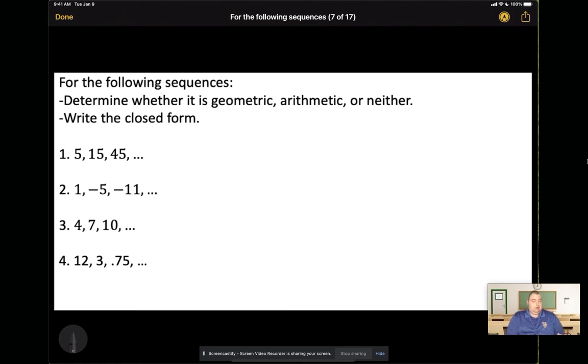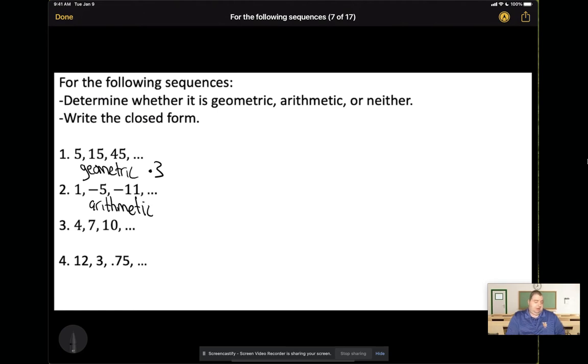So number one pretty clearly looks like a geometric sequence. Why is it a geometric sequence? Because we're multiplying by 3 each time. 5 times 3 is 15. 15 times 3 is 45. Number 2 looks like we have an arithmetic sequence.